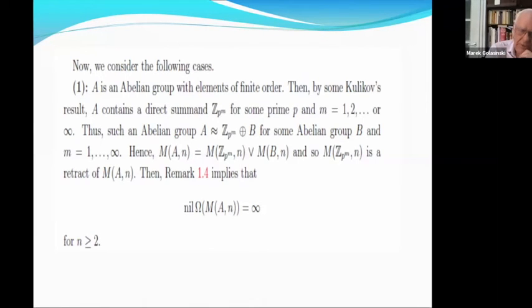And that was the reason why we started to analyze the nilpotency of Moore spaces determined by the cyclic group Z/p^m when m is from 1 to infinity. Okay, so we have that if A is abelian, sorry, and torsion, then the nilpotency class of omega of the Moore space is infinite.